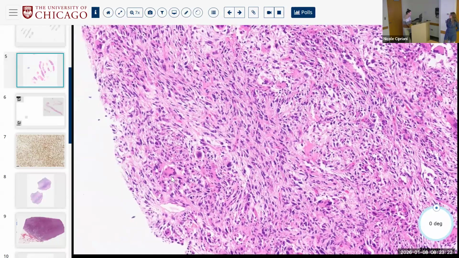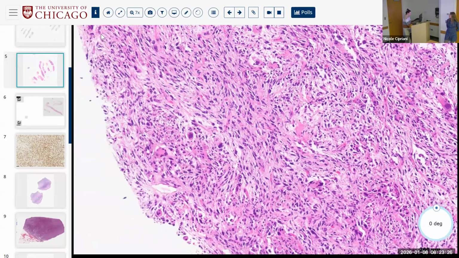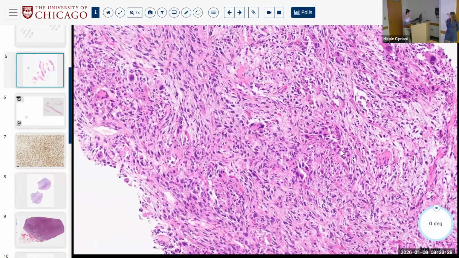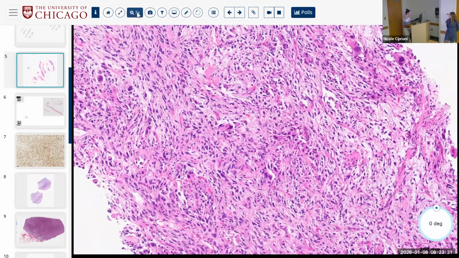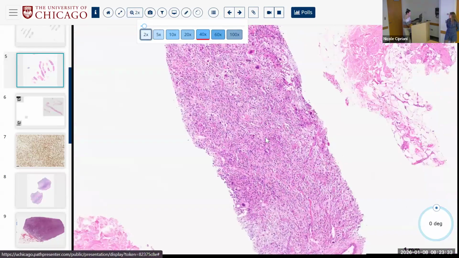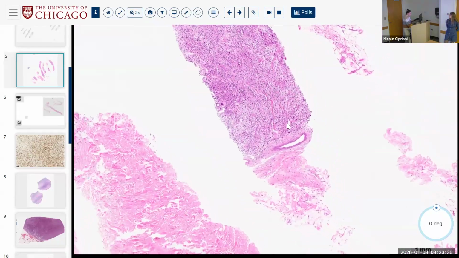I don't know, maybe you could argue this is an osteoclast-like giant cell. No, maybe, okay, maybe not. Yeah, so I'm thinking muscle origin, so I'd probably throw a few things on based off of that.